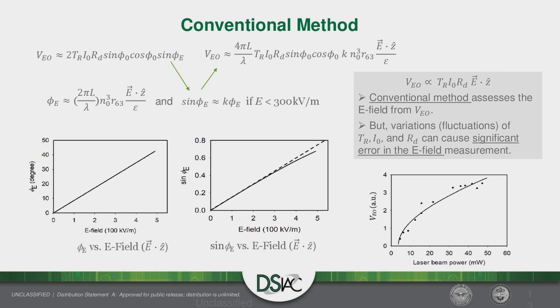Now, the conventional method measures this EO signal, multiplies by these parameters, and then extracts the E field strength. The problem is that these parameters, PR and responsivity, are not really truly constant. Especially this probe beam intensity changes over time.